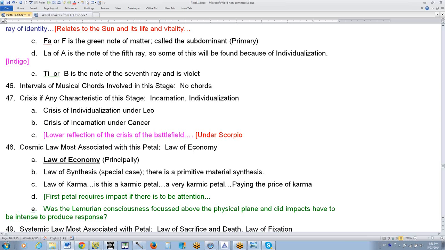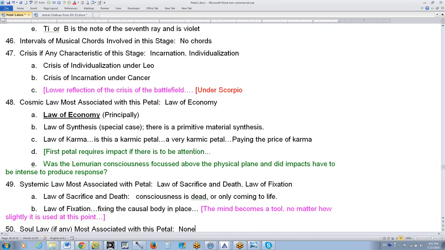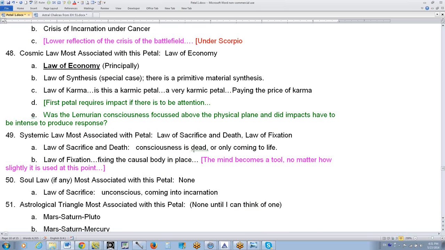Was the Lemurian consciousness focused upon the physical plane, and did impacts have to be intense to produce results? Well, when you're dealing with a huge vehicle, how big? Philip has this, I think, but maybe 100 feet tall. It's all out of proportion with our ordinary thinking.